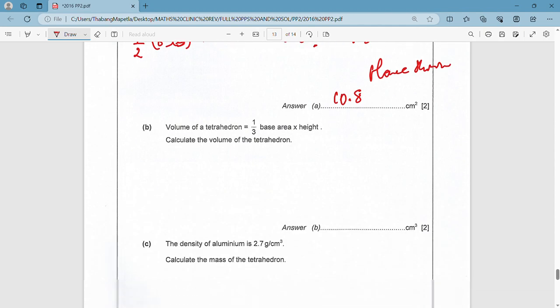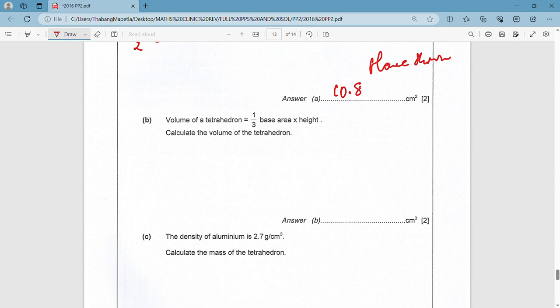And so then the volume of the tetrahedron is equal to 1/3 of base area times height.